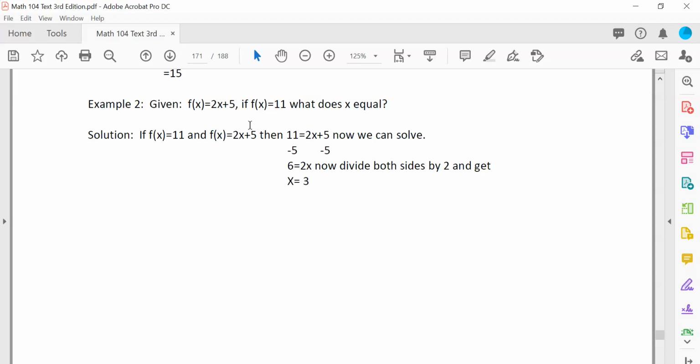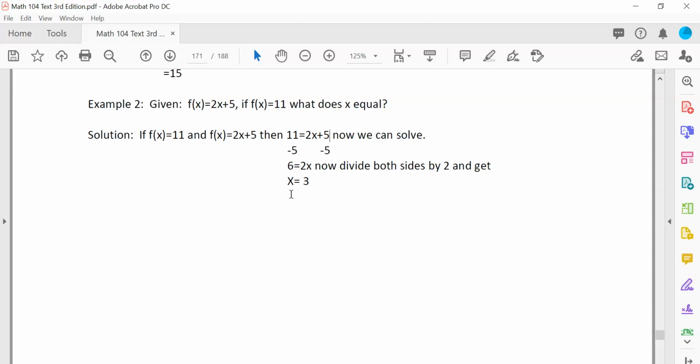Well, in order to solve this, all we have to do is set 2x plus 5 equal to 11. Now, they put it as 11 equals 2x plus 5. They put the 11 on the left. You could put the 11 on the right. It doesn't matter. But 2x plus 5 equals 11. Subtract 5 from both sides.